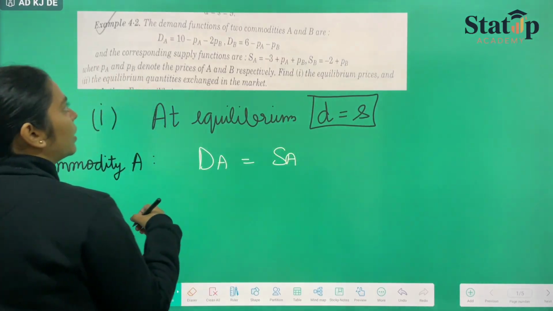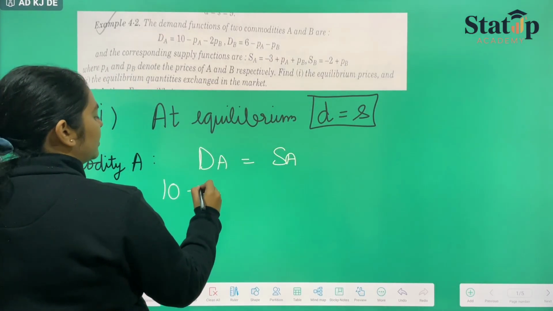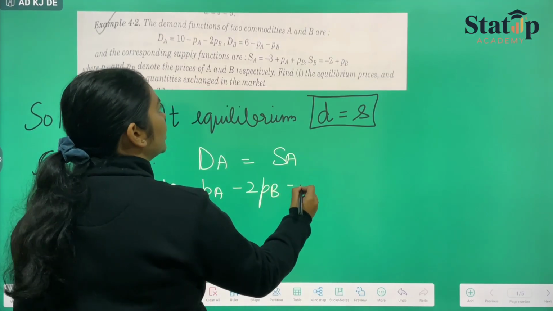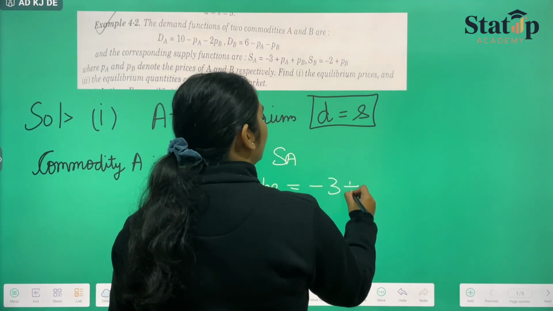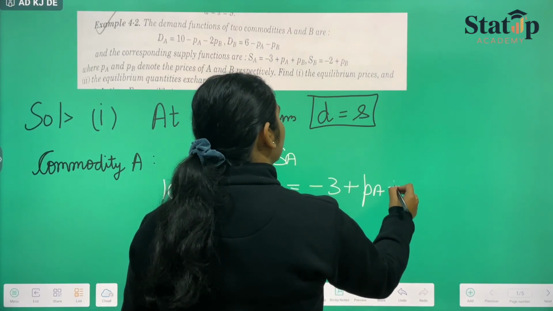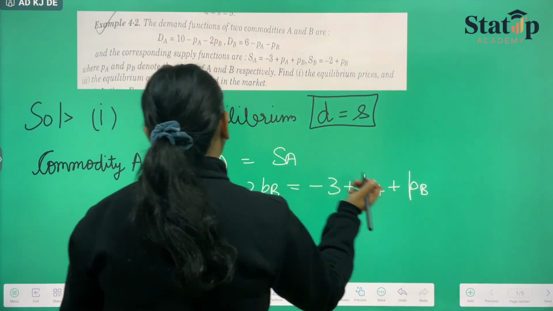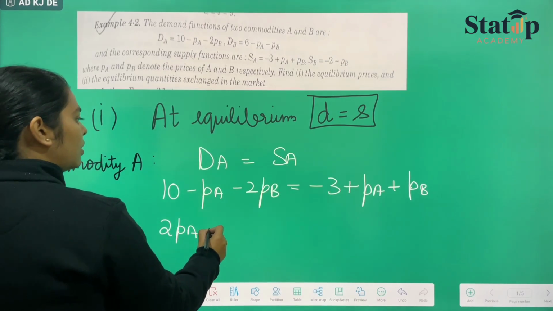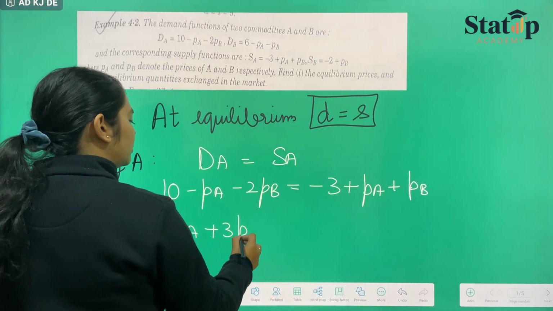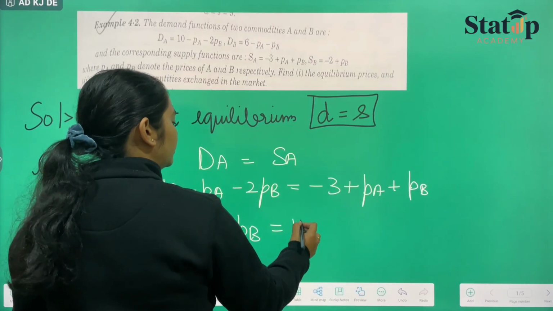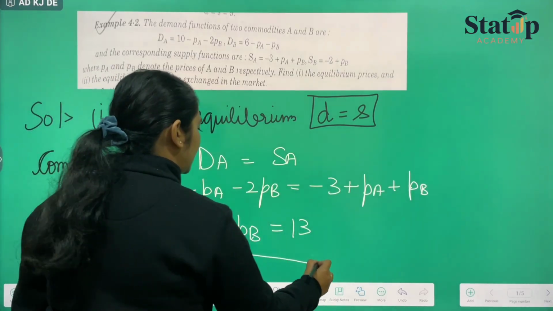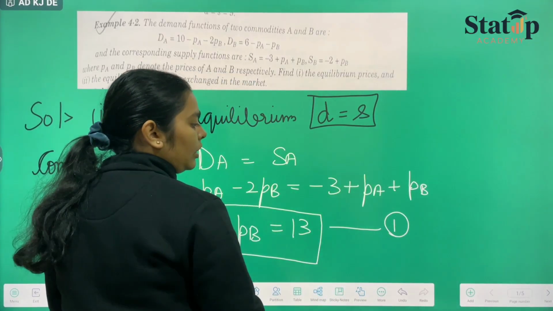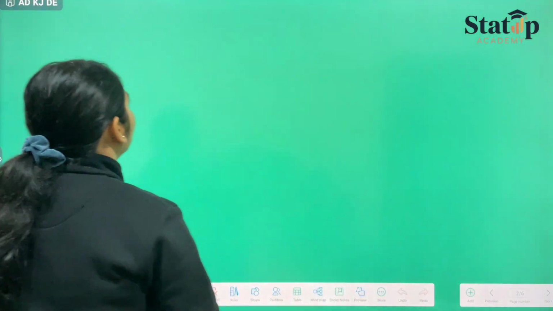Demand of A is equal to supply of A. So 10 minus price of A minus 2 price of B should be equal to minus 3 plus price of A plus price of B. Taking them all on one side, we will get 2 price of A plus 3 price of B is equal to 13. Let us take this as equation number 1. Then we'll take for commodity B.